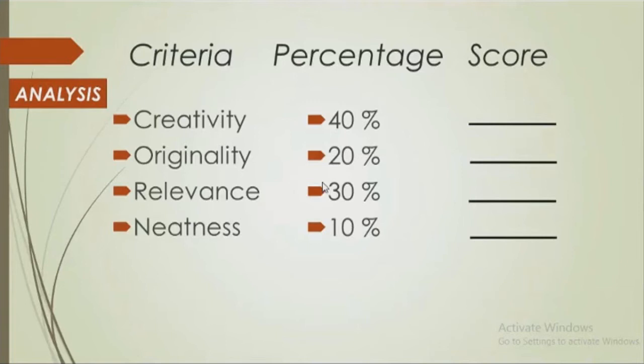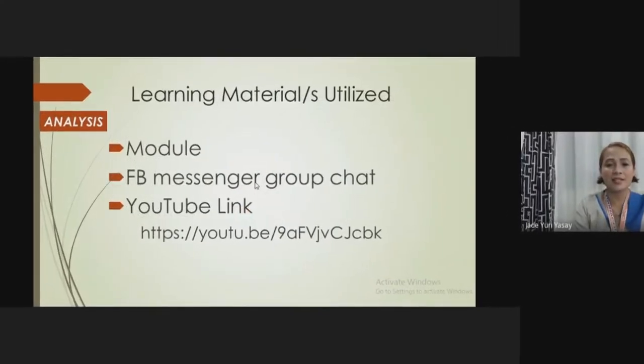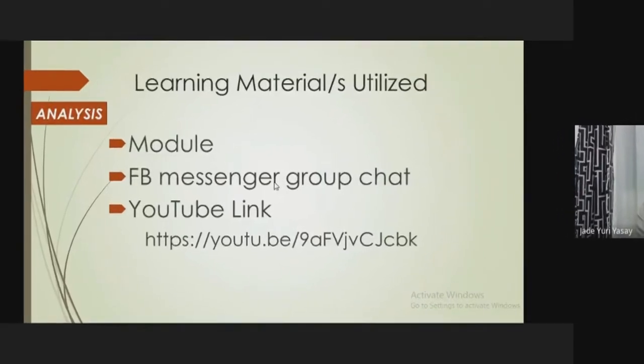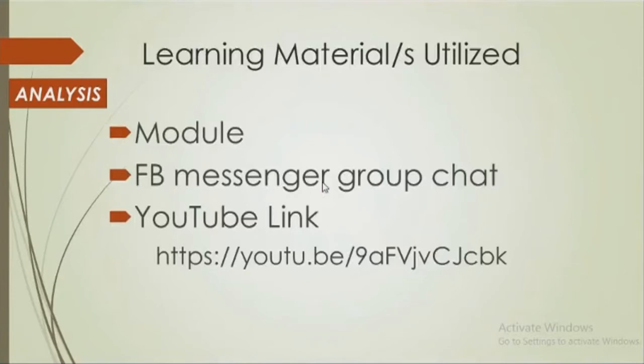So for creativity, it is 40%, originality is 20%, relevance is 30%, neatness is 10% for a total of 100%. So for learning materials used, still we have the module, FB Messenger group chat, and the YouTube link.